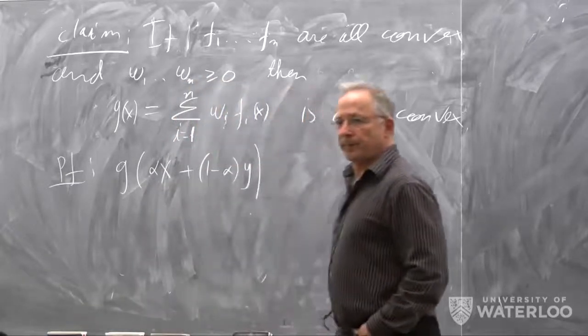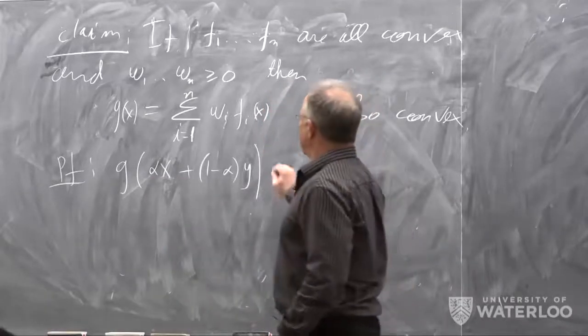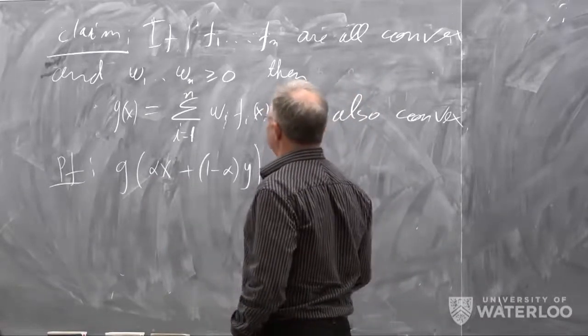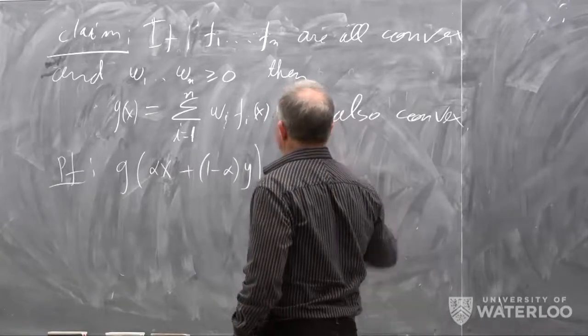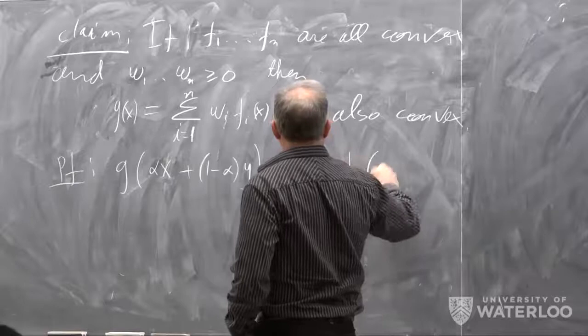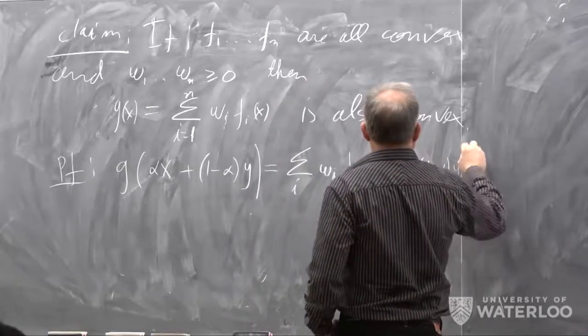Right? And if I look at this function, then I can write it as a sigma on i of wi fi of alpha x plus 1 minus alpha y.